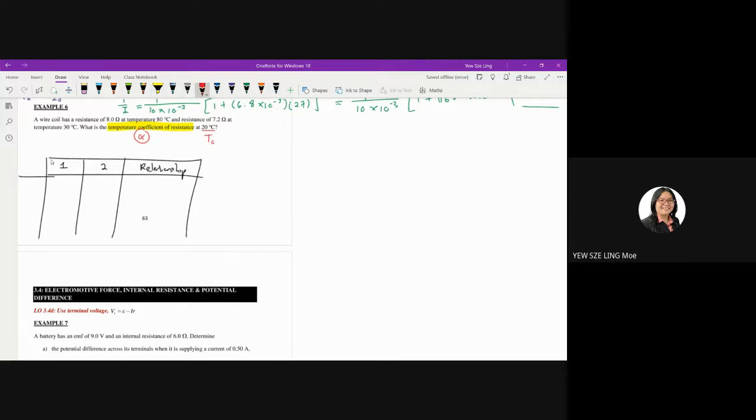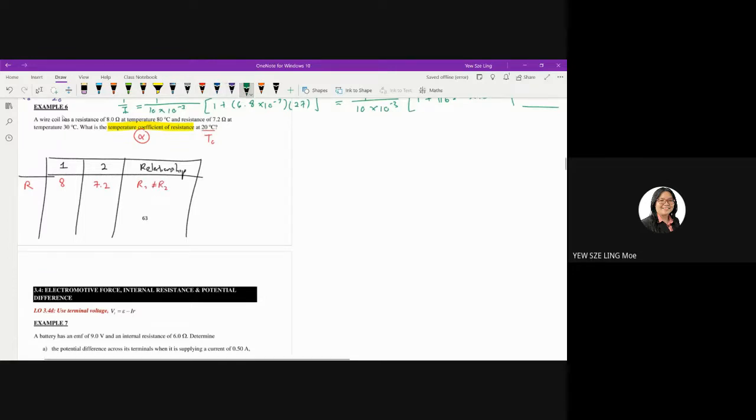All right, so first thing I have is R. This would be my final value because it's happening at a higher temperature in this case. So my R, case 1 is equal to 8, case 2 is equal to 7.2. Relationship, I don't know anything about them, so I will just leave it. What I do know is just R1 is not equal to R2.